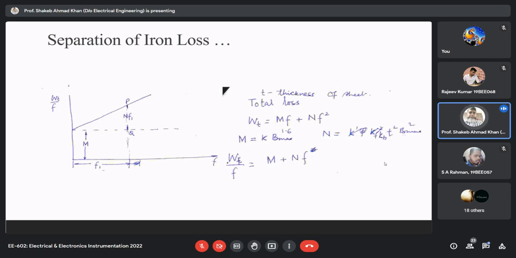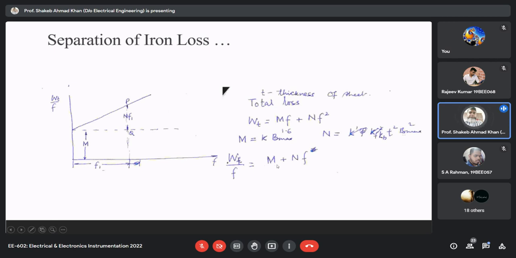If this is all done and you find different data points for iron loss per unit frequency and frequency, then you plot it. You will get this kind of straight line plot. Now our objective here is to find the hysteresis loss and eddy current loss from the iron loss.